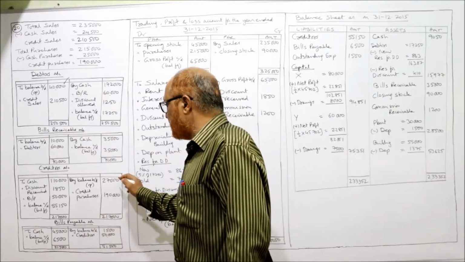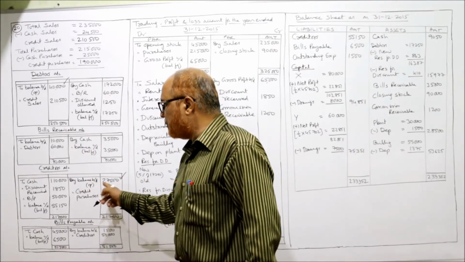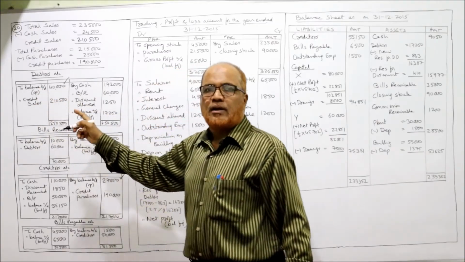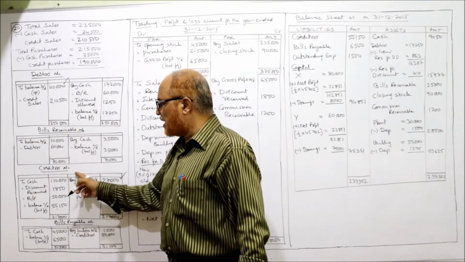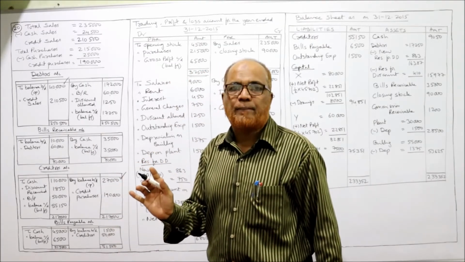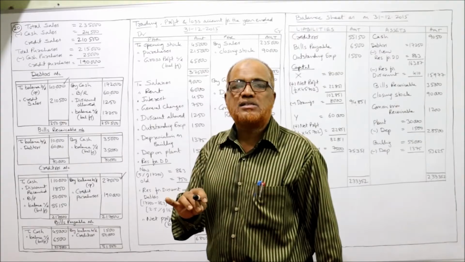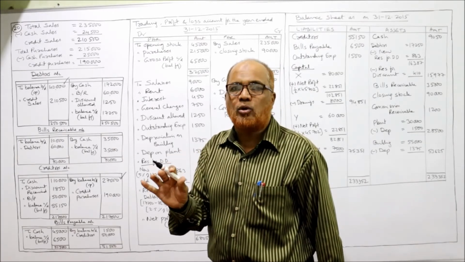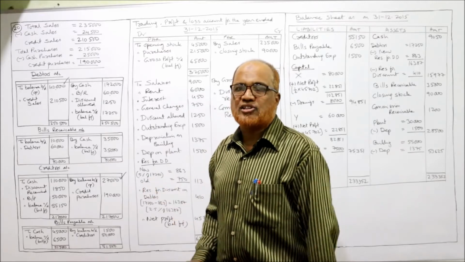So creditors opening 27,000, by balance brought down, opening. Debtors will show a debit balance, creditors will show a credit balance. There is no opening bills receivable and bills payable. During the year, bills receivable were received, but at the beginning of the year there are no bills receivable, no bills payable.